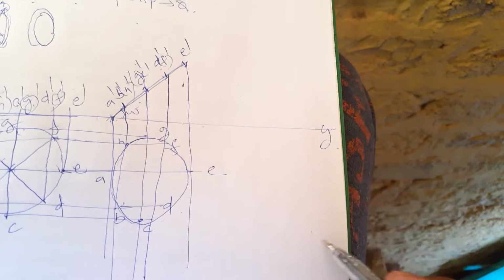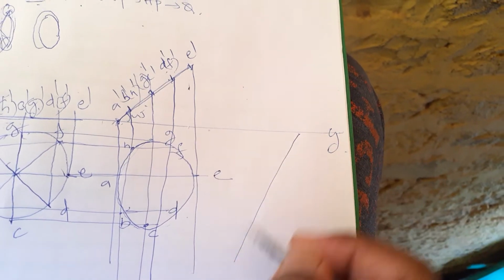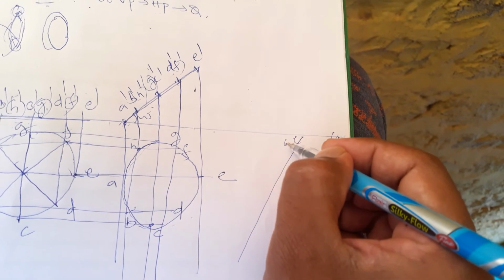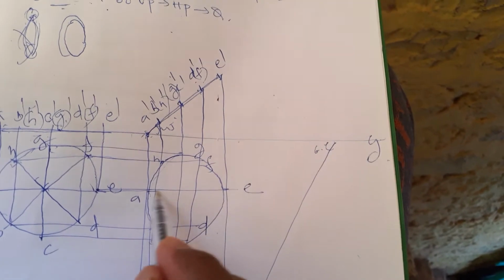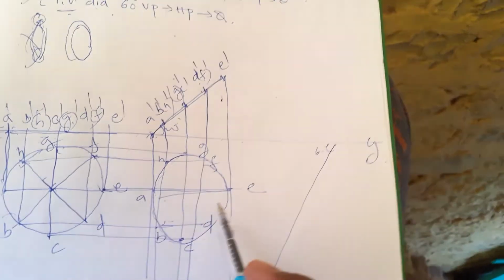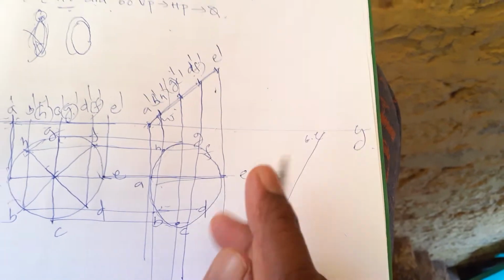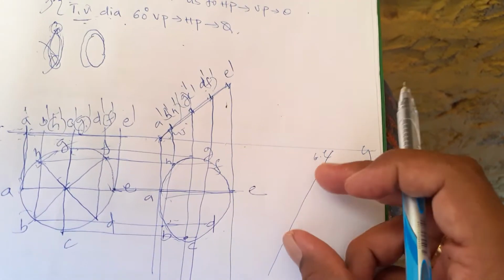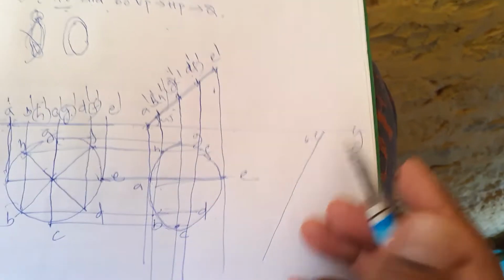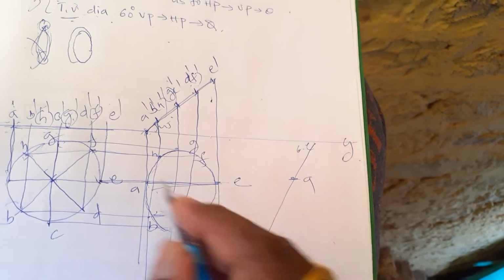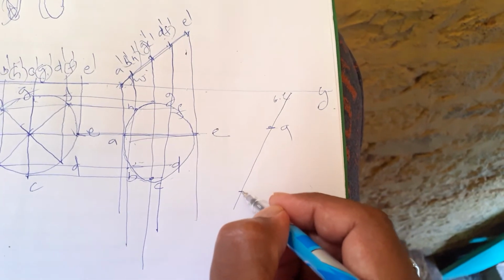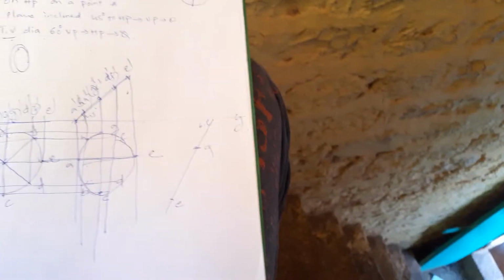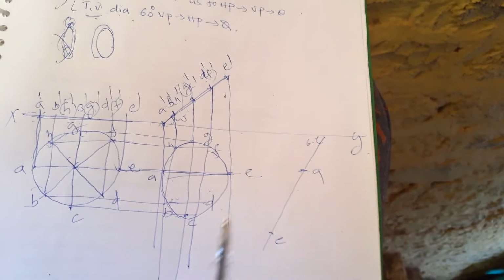Now what he said: the top view diameter has to be at 60 degrees to VP. Take it like this or like this. Let me take this 60 degrees. What is making 60 degrees? In the top view, the perpendicular AE is making 60 degrees. You put it like this or like this, this side A, this side E. I will show you an easy method of transferring this here.